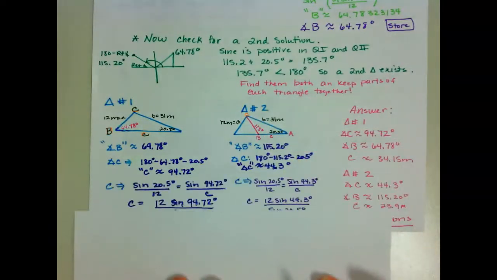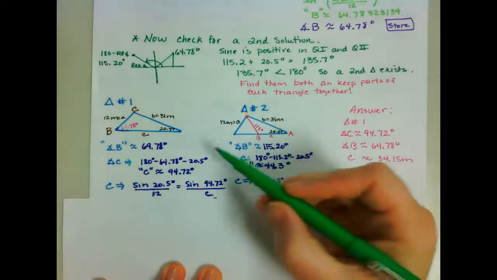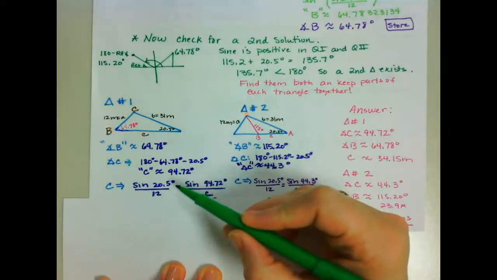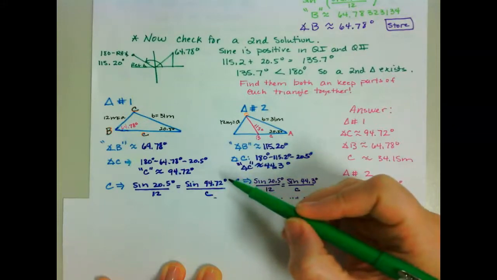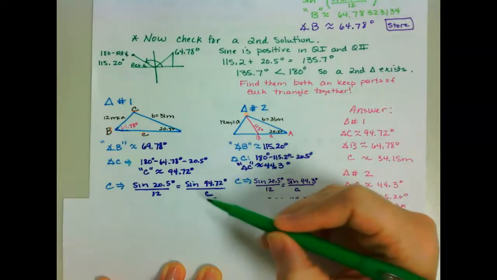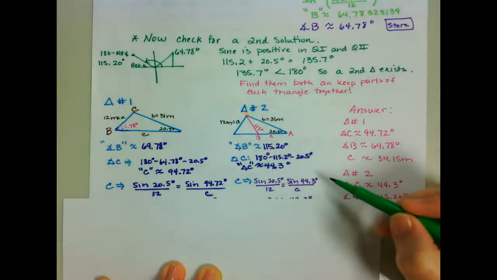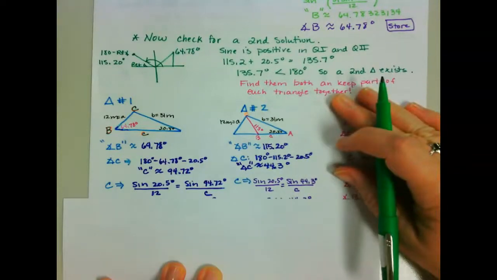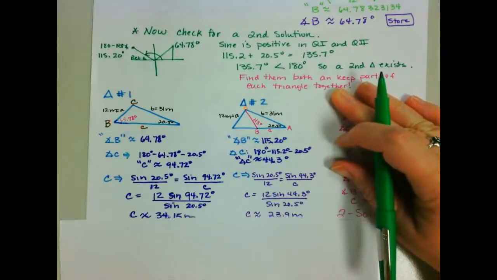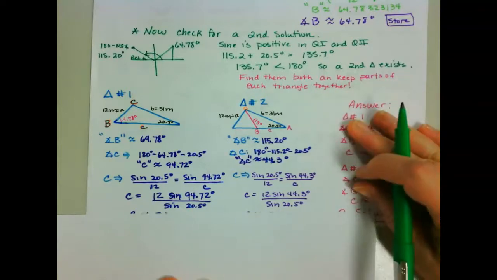All right, and then we calculate using the law of sines. So I'm going to do sine of A over 12 equals sine of C over C, because I'm trying to find the length of C. And I do the same thing in this triangle. And I wrote down rounded answer, but remember we're using the whole angle that we have. And then isolate for C in each instance.